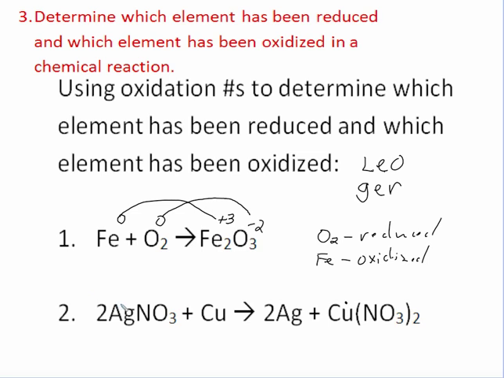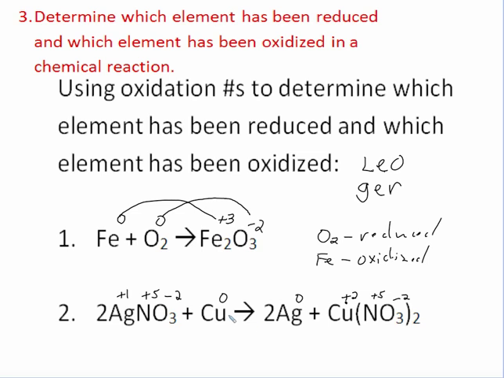Now, here's another example. So here you could go through and assign oxidation numbers. Oxygen is -2, this would be +5, silver is +1, copper is by itself at 0, this is 0, nitrate's -1, the oxygen's -2, the nitrogen's +5, this copper then is +2 because there's 2 nitrates.